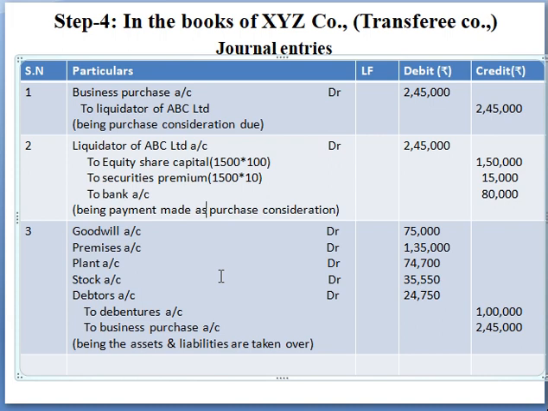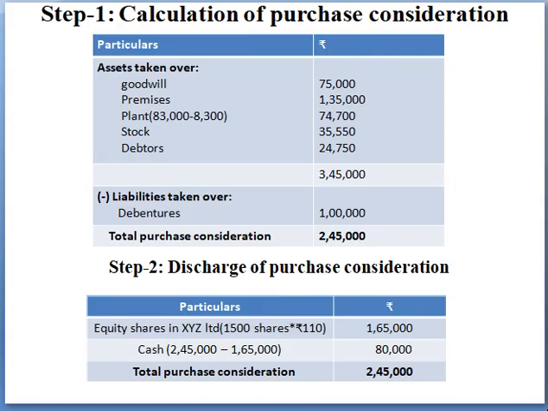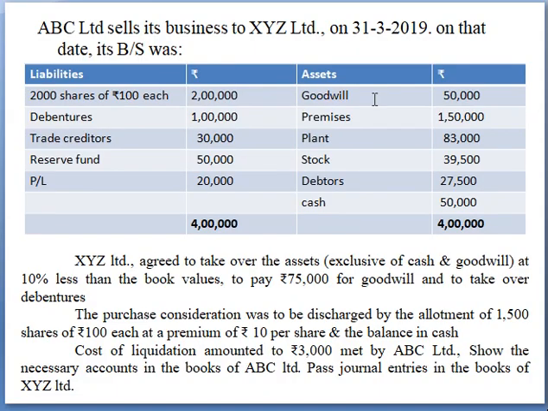Then third is for the taking over of assets and liabilities. Only the agreed amount is to be entered in the purchasing company, and you should not show all these agreed values in the selling company, right? And what are all the assets taken over? Now see the question. The assets taken over are goodwill, right?